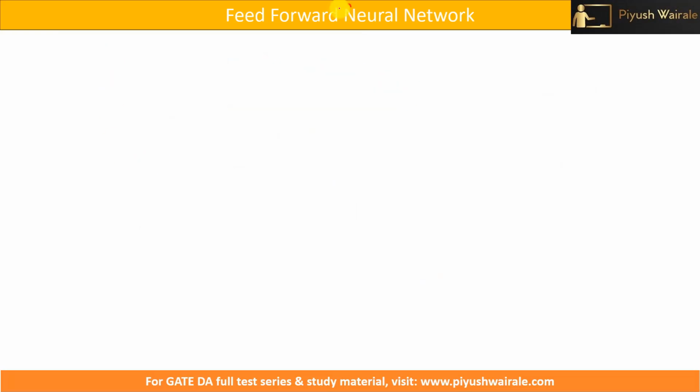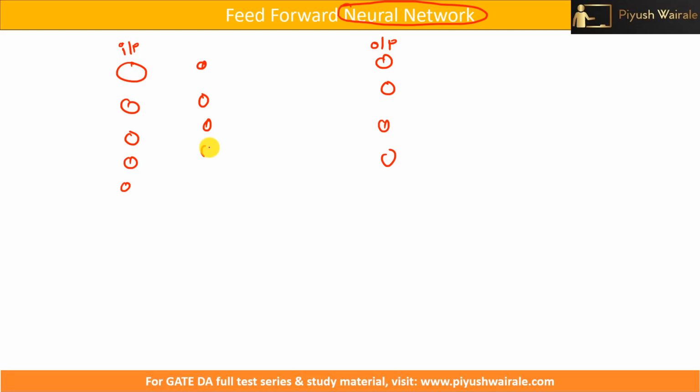Okay. Now what is a neural network? We have discussed the neuron. Now what is a neural network? Everyone knows this. We have different neurons here like this. This basically acts as the input layer, and this is the output layer. And here we have some hidden layers.